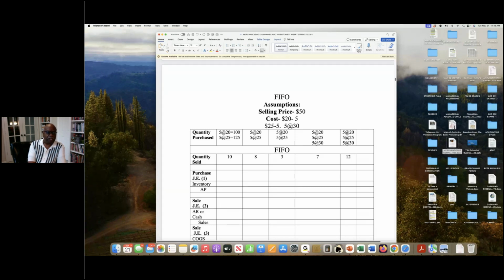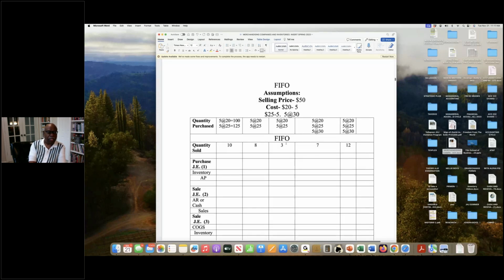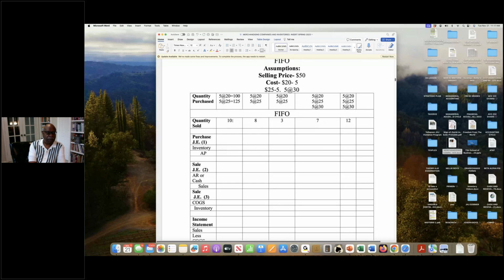So let's look at this first example. We purchased 10 pairs of shoes and we purchased 5 at 20 and 5 at 25.